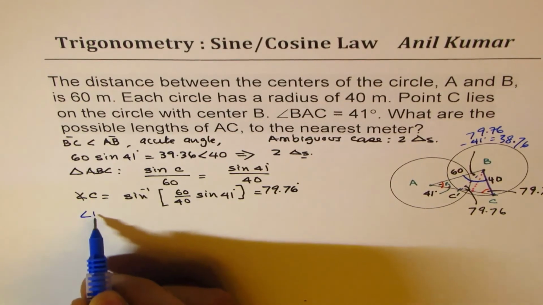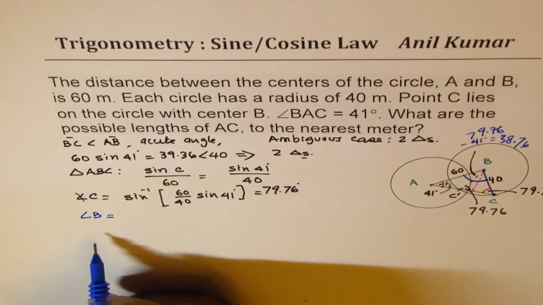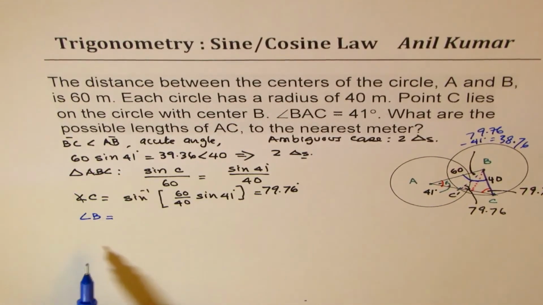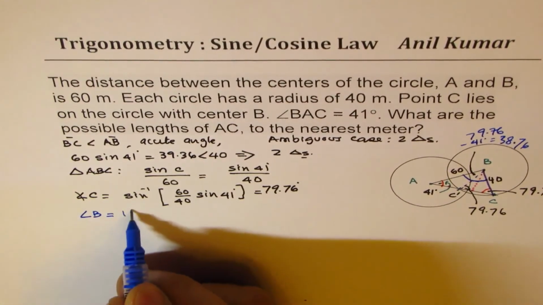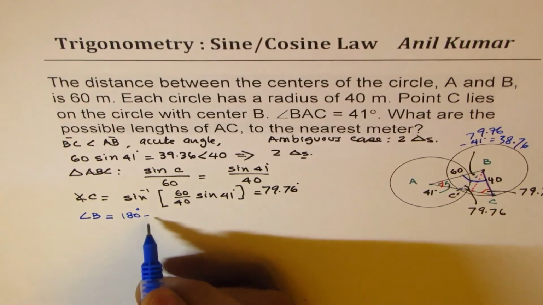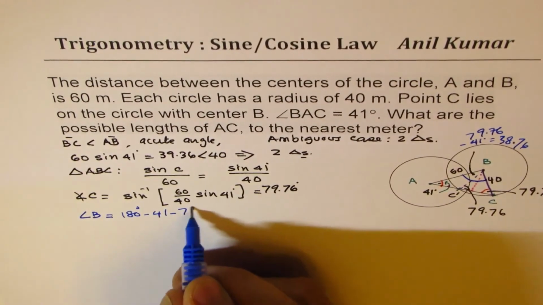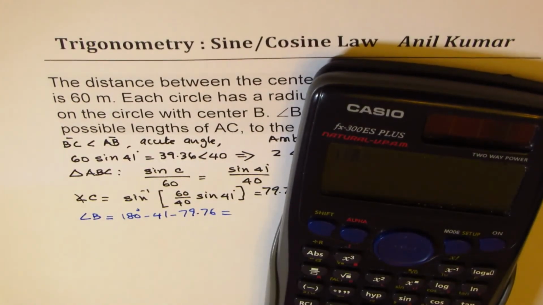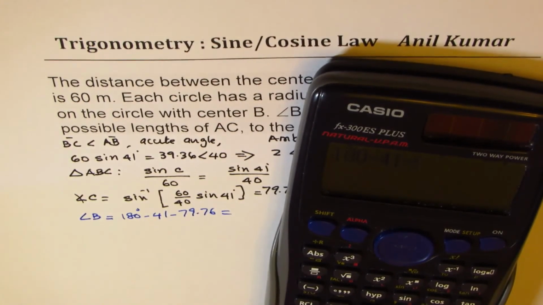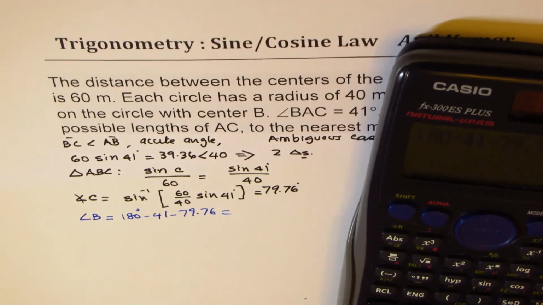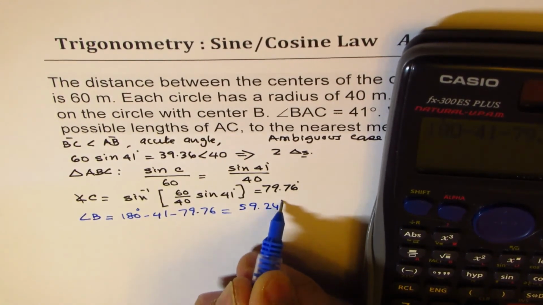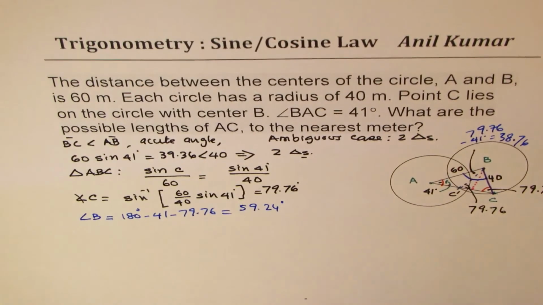When I say angle B, we are still working in triangle ABC. Angle B is 180 degrees minus 41 minus 79.76. In decimals, that is 59.24 degrees. Correct?